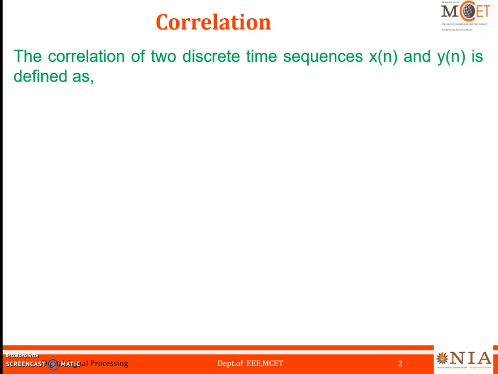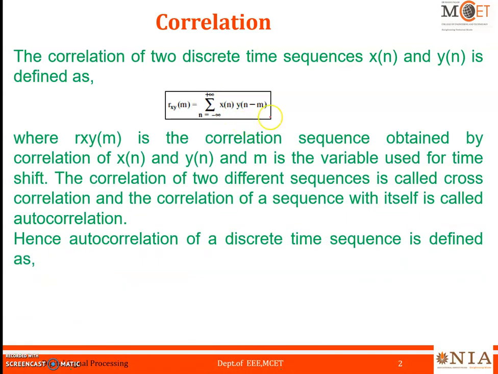For example, if you have the sequences x of n and y of n, then the correlation of the two sequences can be represented as R. R represents correlation, and xy represents cross correlation, that means correlation between two different sequences: x of n into y of n minus m. So Rxy of m represents the correlation of the sequences x of n and y of n.